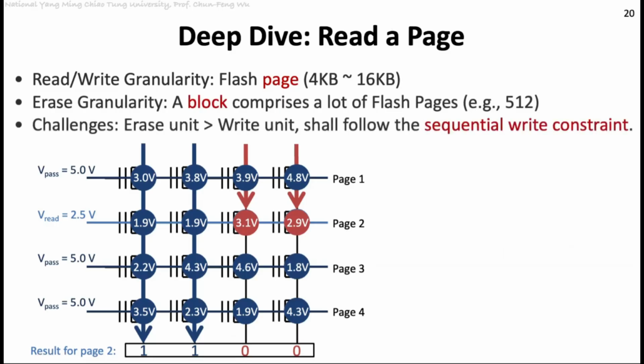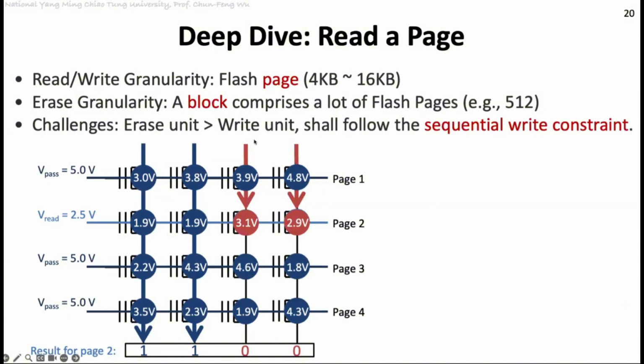Okay, so I think you already know that when we use the erase operation, we should apply it on the P substrate, and all memory cells belonging to the block share the same P substrate. So erase should be at block granularity, and erase is larger than write. So when we are going to update the data inside one page, what we are going to do is erase before write.